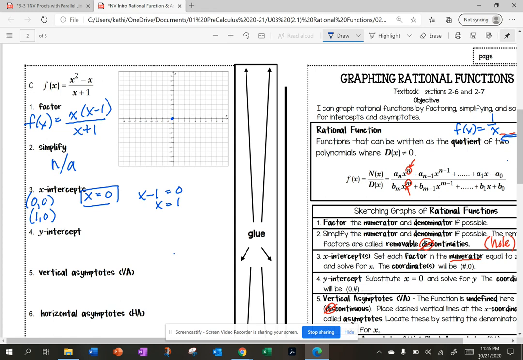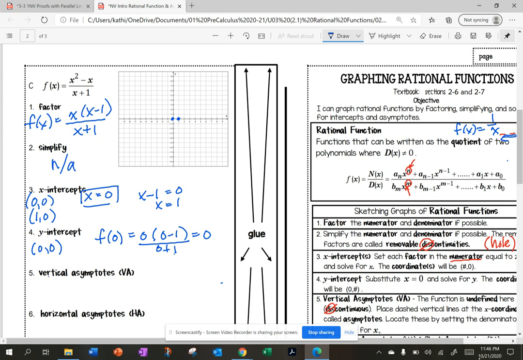I have one at (0, 0) and one at (1, 0). Okay, so the y-intercept is f at x equals 0. So this is 0 times (0 minus 1) over (0 plus 1), and 0 times anything is 0. So my y-intercept is the origin, and I already have that plotted.